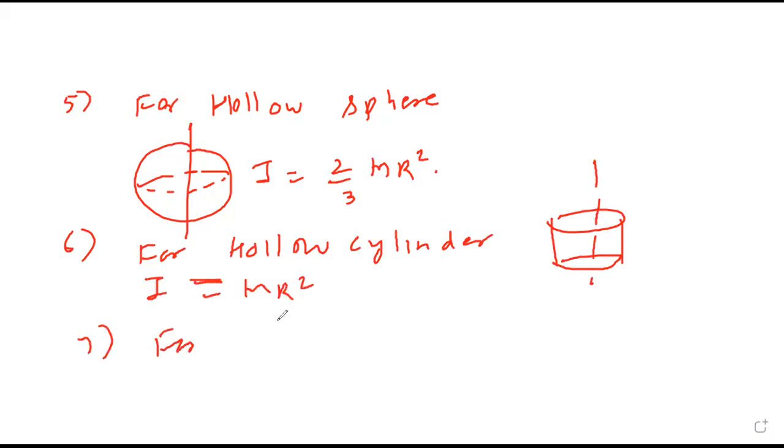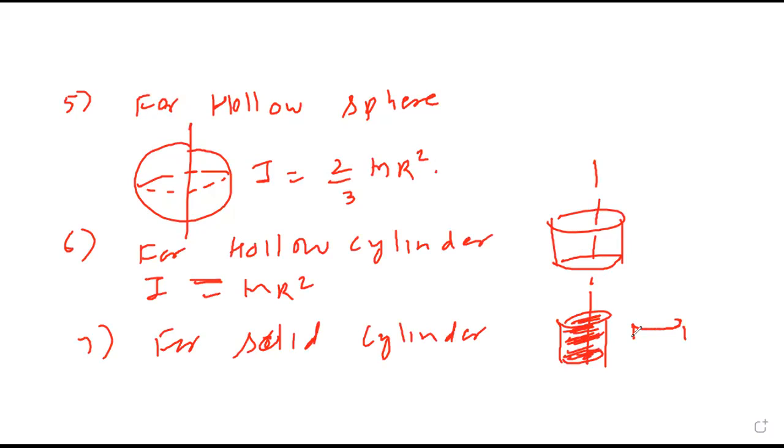For a solid cylinder, when you cut, it will look like a disc. I is mr square by 2. Two more we have to remember. 7 done, 2 more.